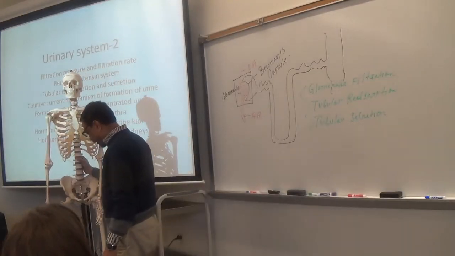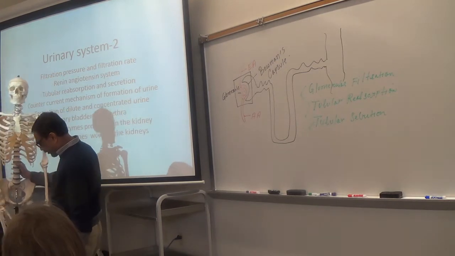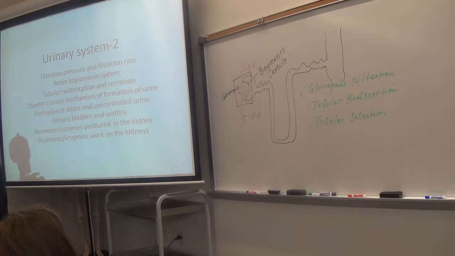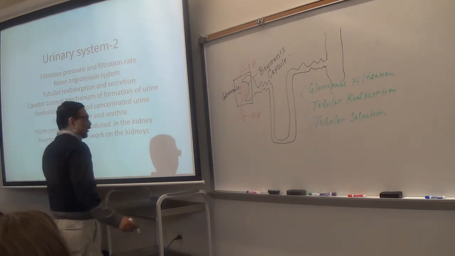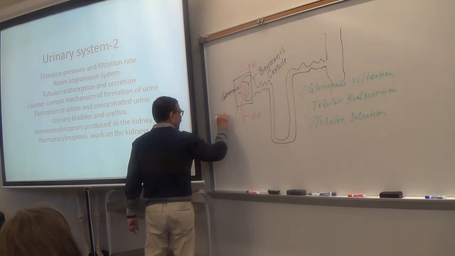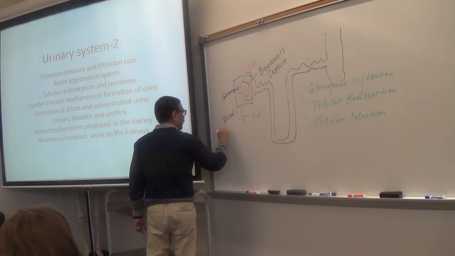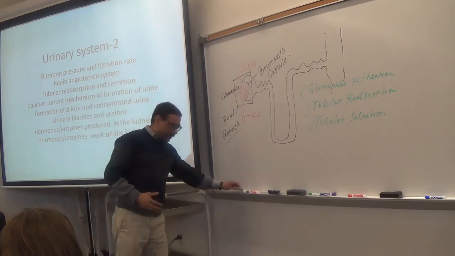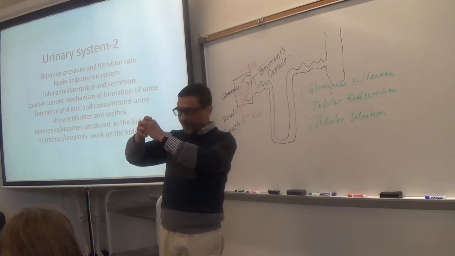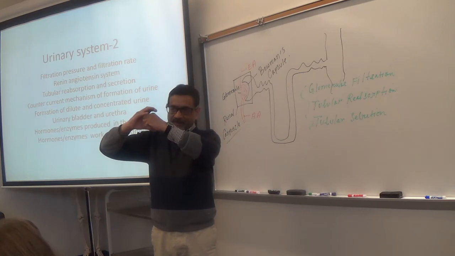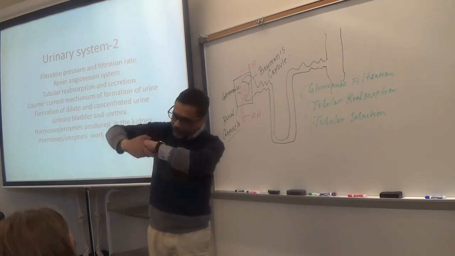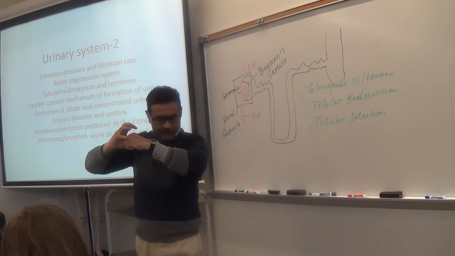So those two things, that means the glomerulus and the Bowman's capsule together is called renal corpuscle. It is like this. See, this is the glomerulus, the ball of capillary, and this is the Bowman's capsule. It's like a cup that is partially covering the glomerulus, not the whole thing. Okay?